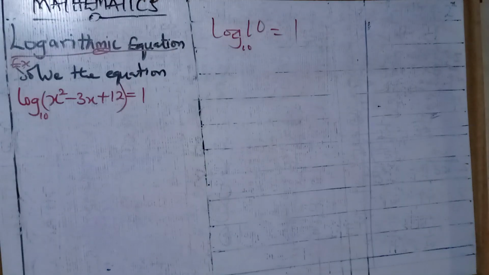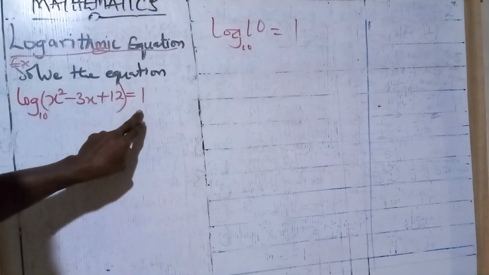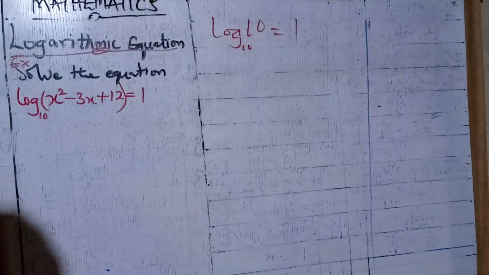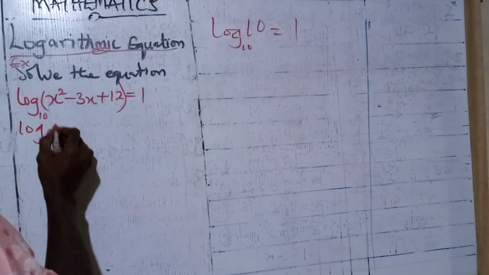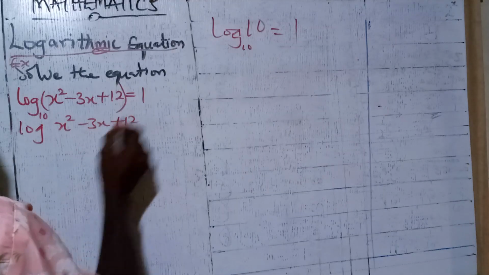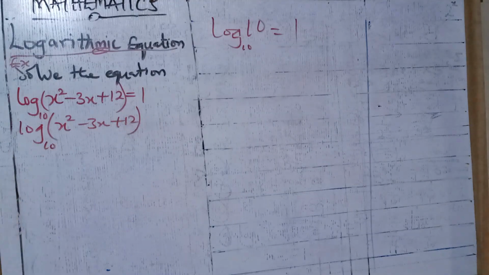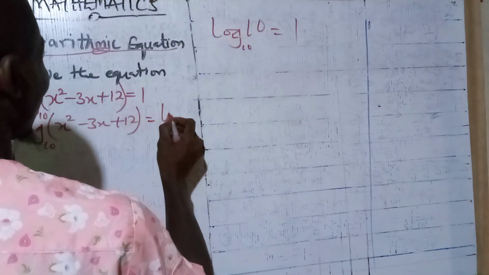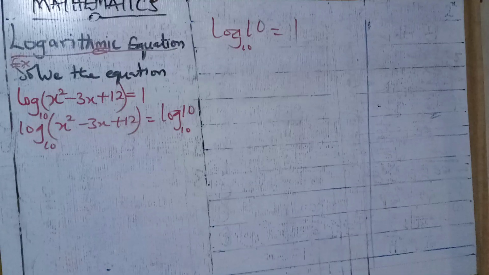The same thing that happened here would be the case here. That is, we are going to have log of s squared minus 3s plus 12, base 10, equals log 10 base 10.